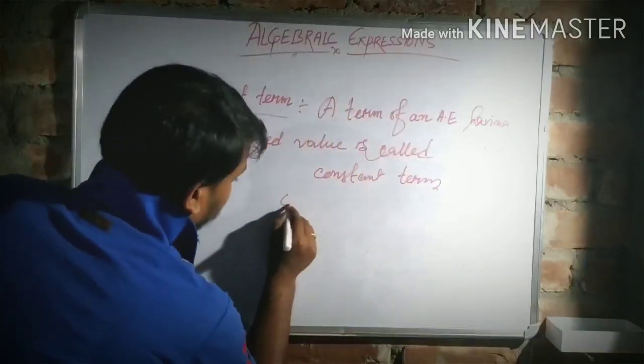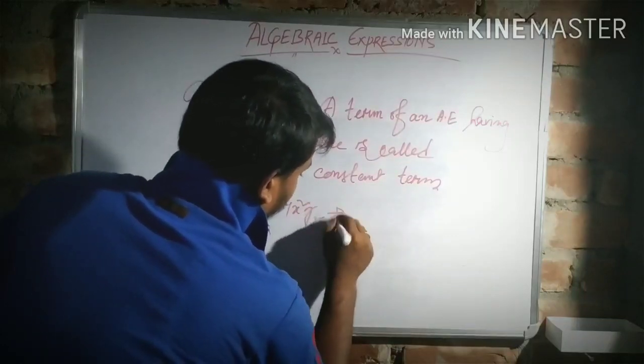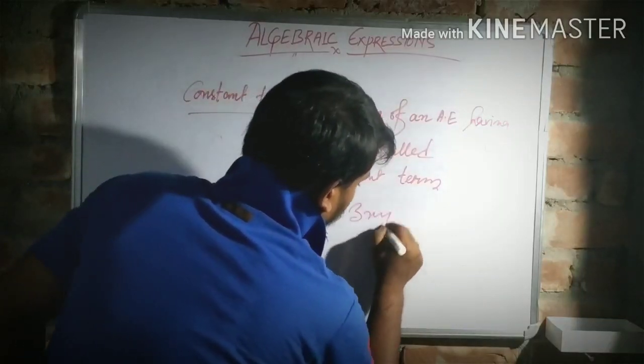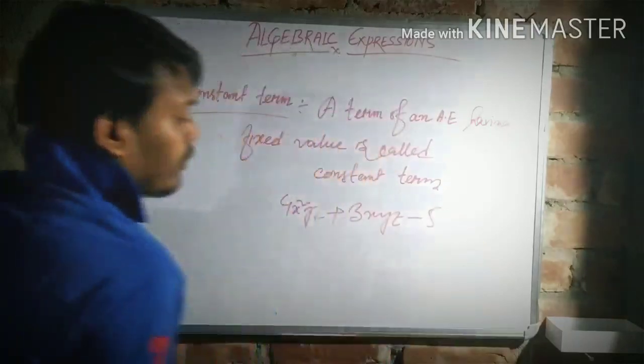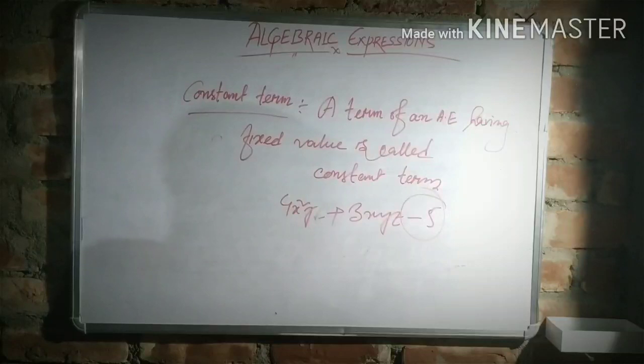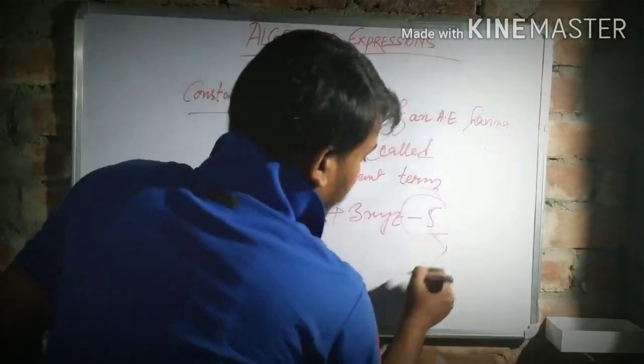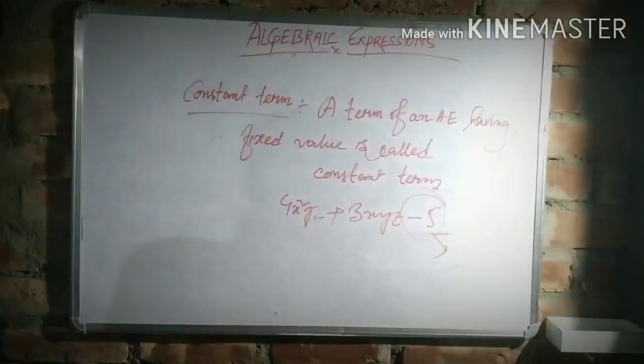In the first example, the expression is x²y plus 3xyz plus minus 5. Here minus 5 has a fixed value, it is not a variable, so it is the constant term in the expression.